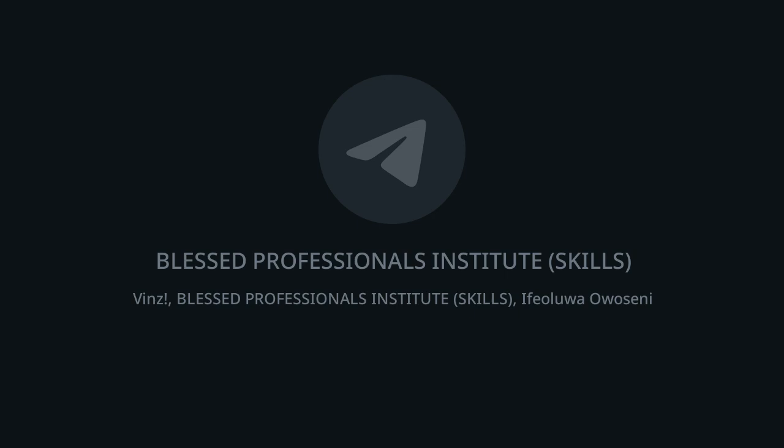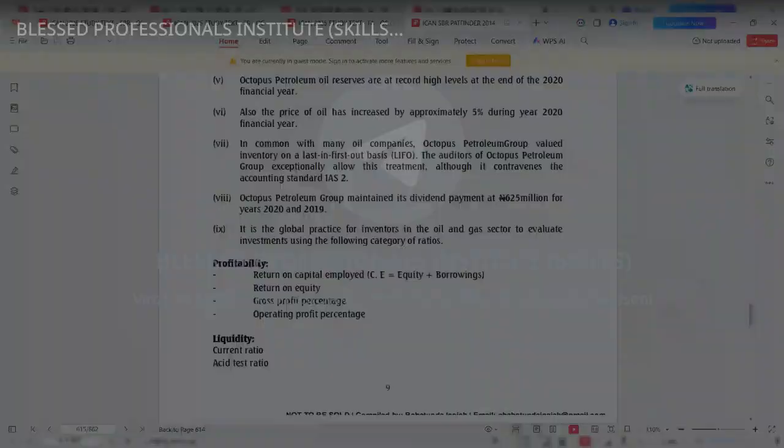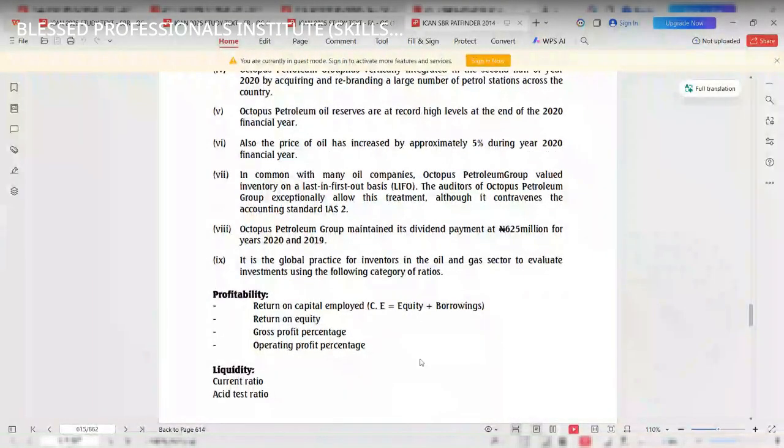I think I've seen what you are trying to say. So normal is supposed to be like this, but because they said equity plus borrowing, we should add the borrowing to it. In normal practice, we don't do it like that until we are calculating gearing ratio. But because they said it here, let us leave it like that.